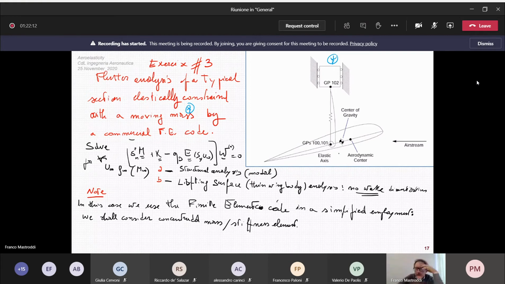In fact, we have a concentrated element here in the center of gravity for representing the inertia of the airfoil, and we are physically connecting this point with this other point with a linear and torsional spring like this and this.